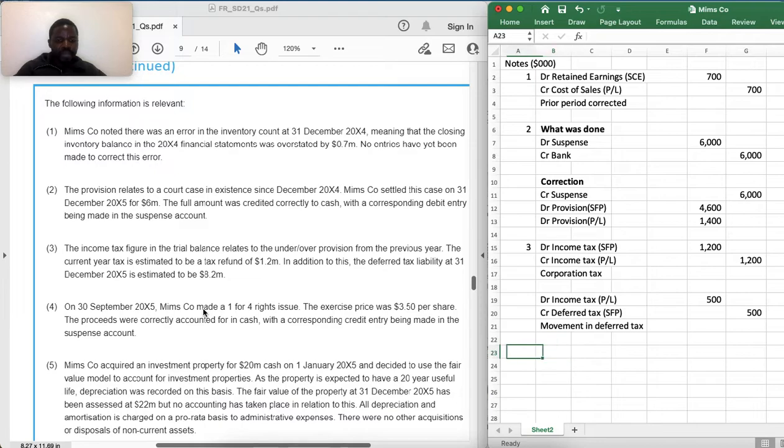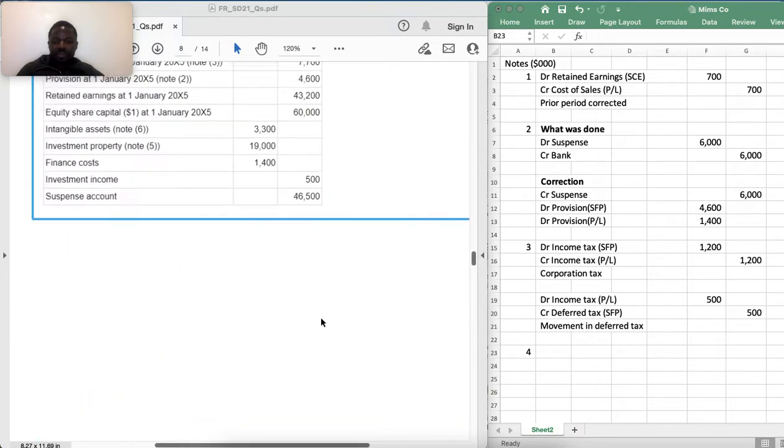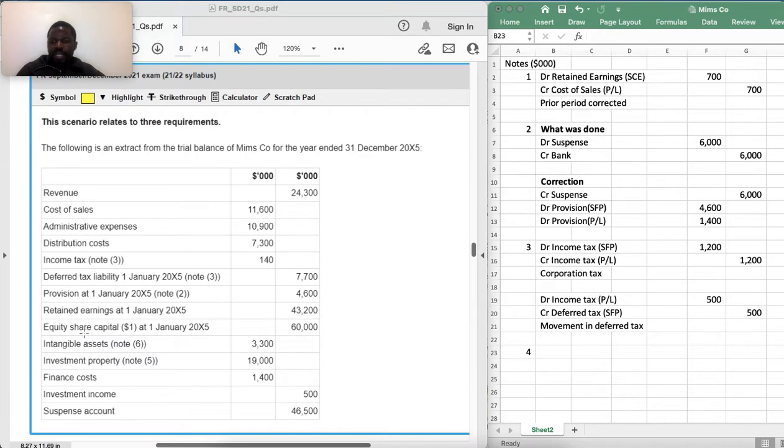Let's go to note number 4. Note number 4 is saying on 30 September 20x5, MCO made a 1-for-4 rights issue. The exercise price was $3.50 per share. So how many shares are there now? Let's go to equity share capital of $160,000.